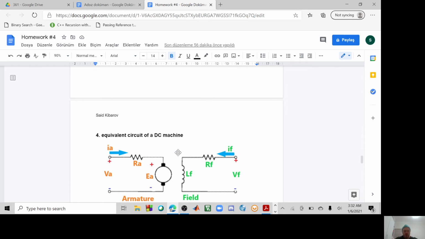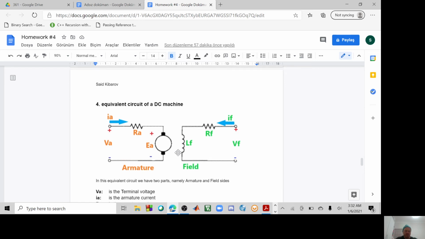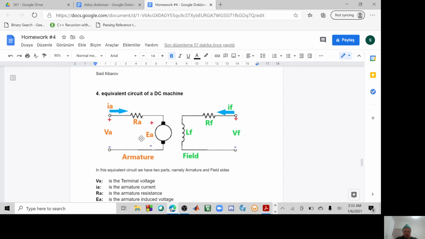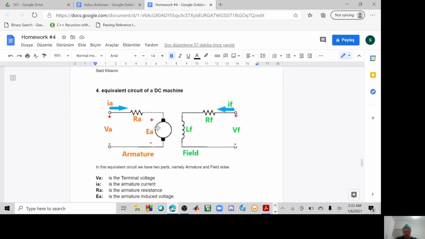Next question. We have to draw and show the equivalent circuit of a DC machine and explain the equations for the induced voltage and for the torque. So, we have a drawing. I did some minor additions. From the drawing, we can observe two sides. The left hand side is the armature, the right hand side is the field.